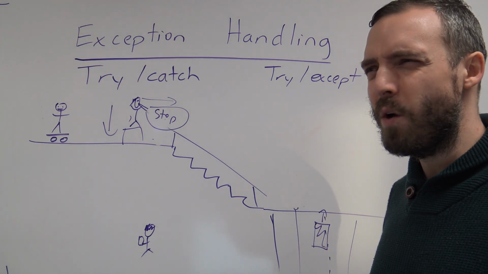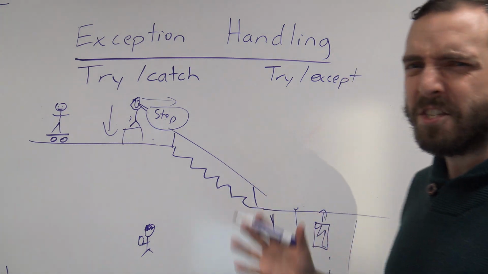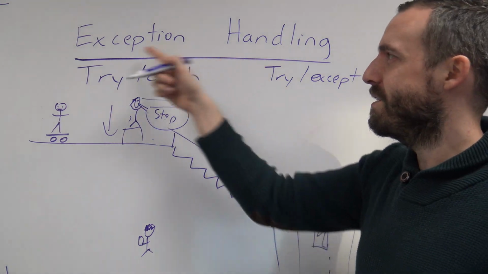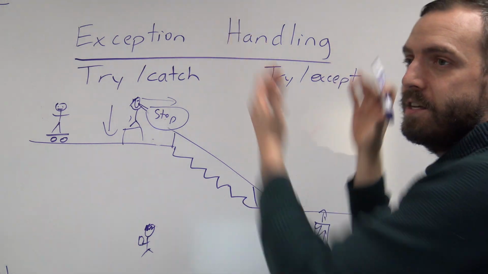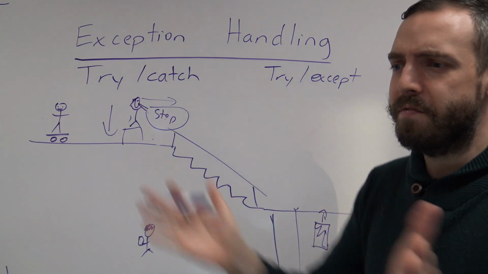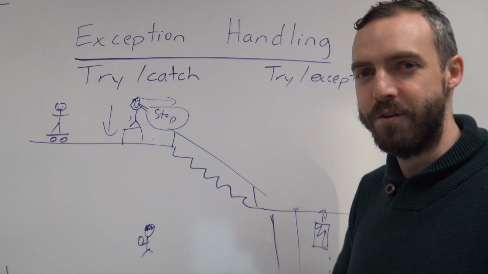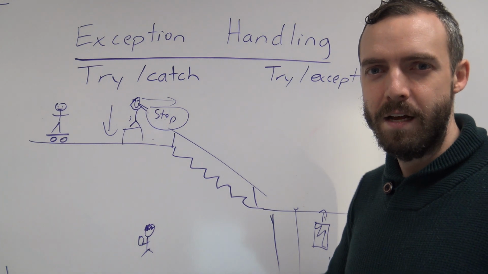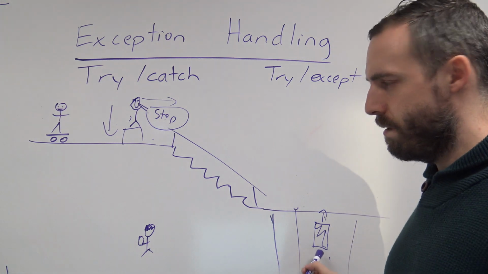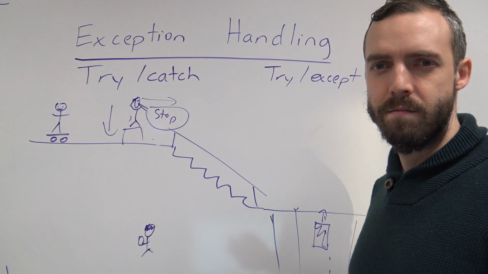So anywhere there could be some logic that could break our program, we want to surround that code with try catch or try except to handle the terrible, problematic outcomes of our program crashing, and avoid them by providing different routes, directions and instructions for how to deal with those things. I'll show you more about how we can do this in our actual code coming up next, but please do seriously consider helping your fellow man from getting killed by writing exception handling code in your code base. See you in the next one.